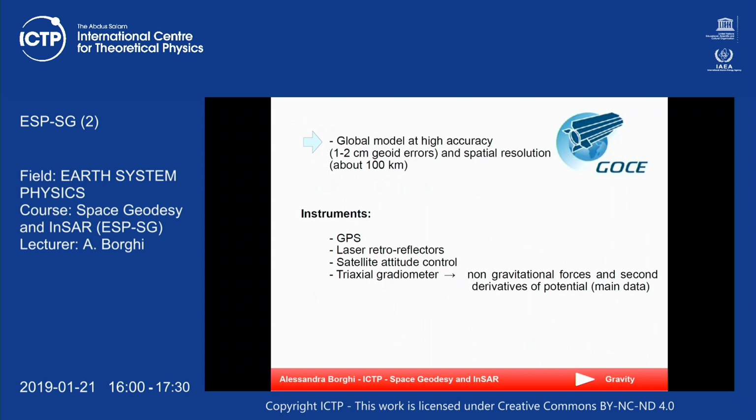What we want to obtain is a global model at high accuracy. We obtain 1-2 centimeters error. No, it's not true. We don't have, with just GOES data, a geoid with 1-2 centimeters of precision. This is a theoretical precision, but in practice we don't obtain this precision just using GOES data.